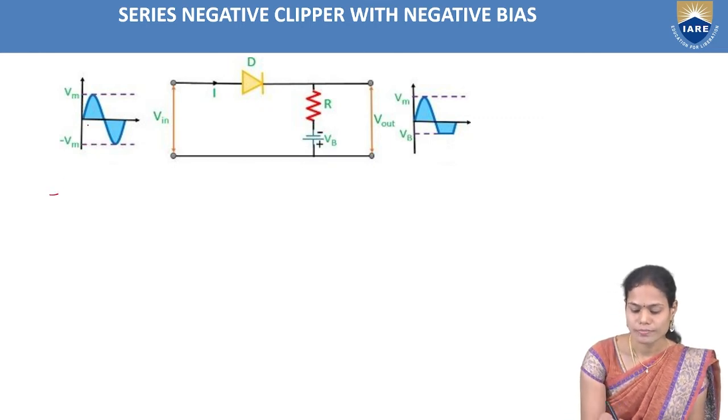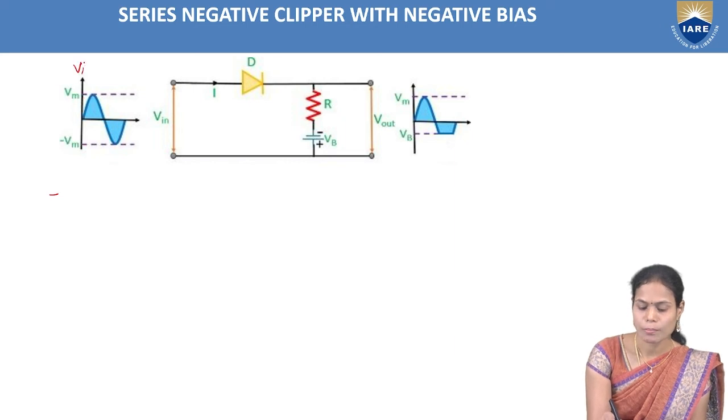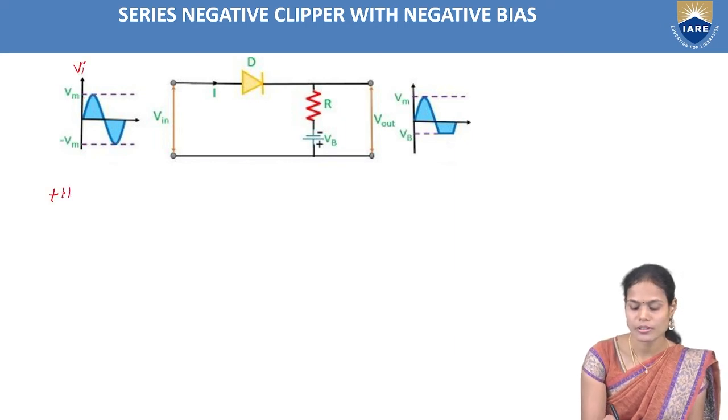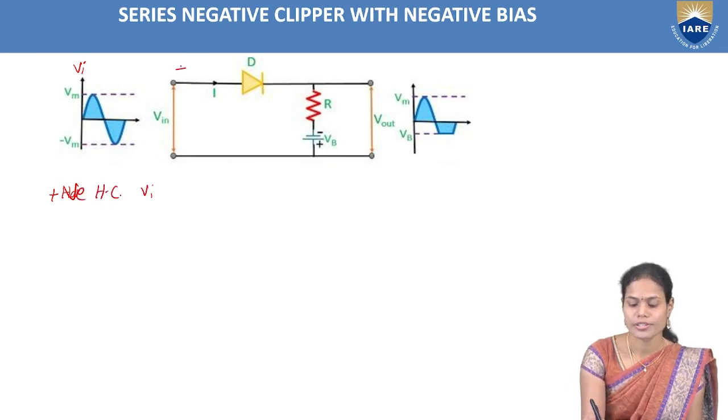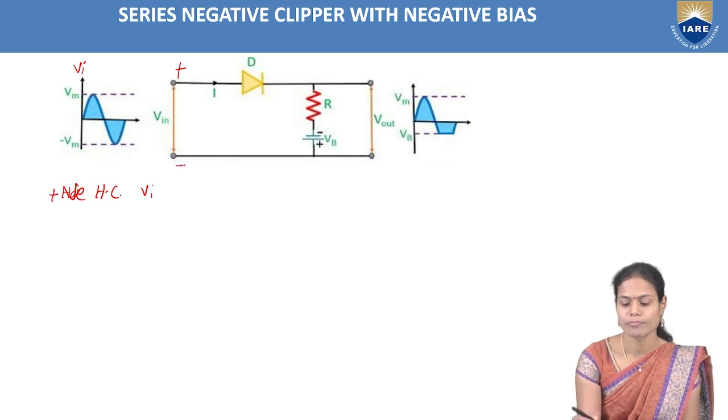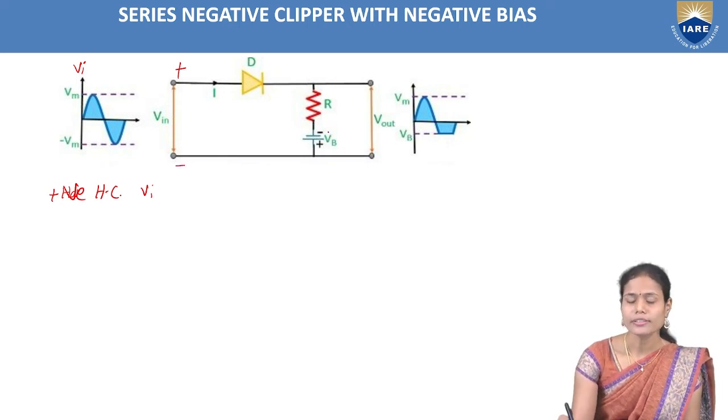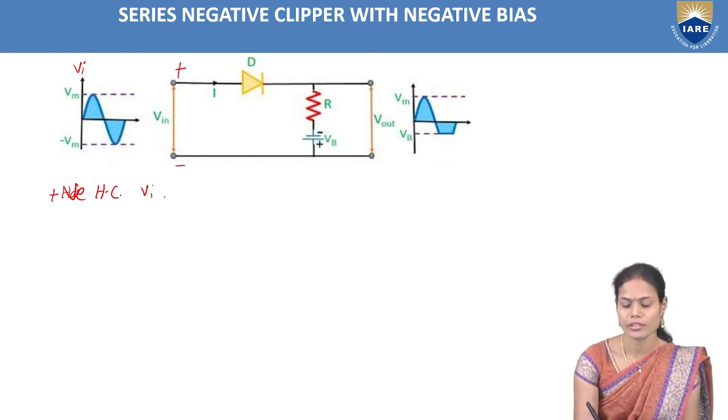Here again, to see the operation, I am considering the positive half cycle of my input signal. Here it is plus for the anode of the diode and minus for the cathode terminal, and VB is a negative voltage applied to the cathode terminal of the diode.